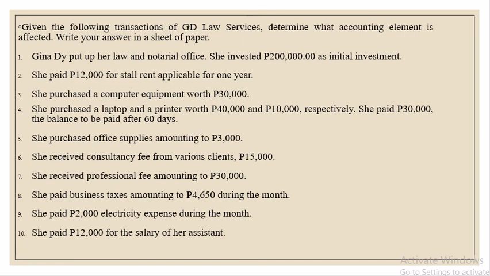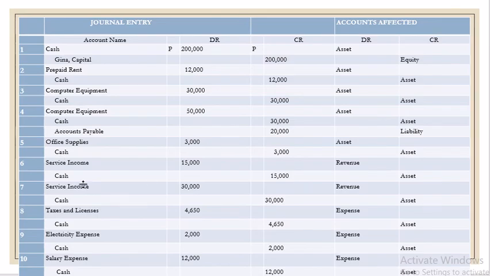Okay? So, here, computer equipment, ano yung nandyan sa kanya? Computer equipment worth 50,000. Yung lumabas sa kanya, cash, 30,000, and then accounts payable worth 20,000. So, yung computer equipment is assets, yung cash is assets din, pero yung accounts payable ay liability. Kumbaga, meron na siyang utang.